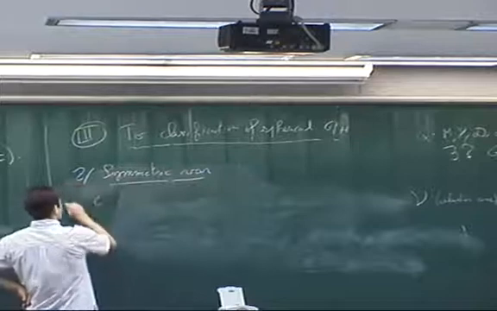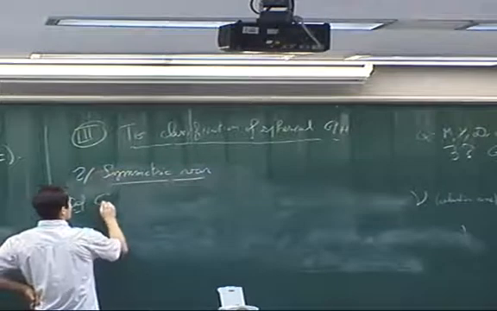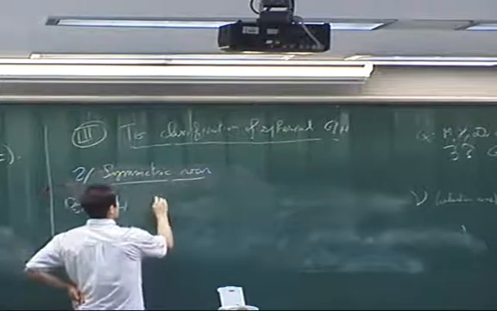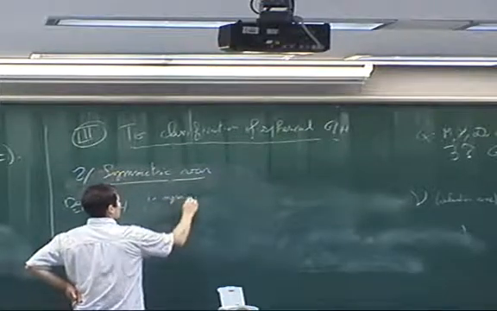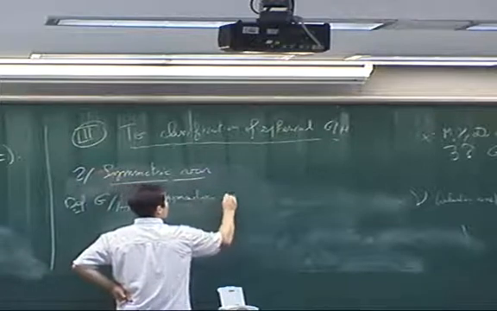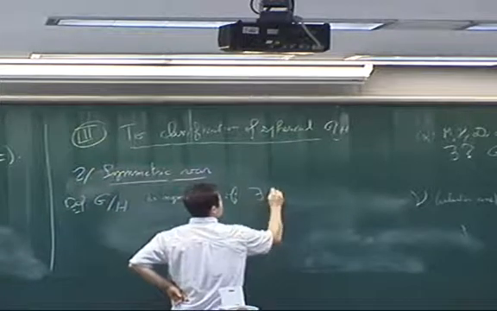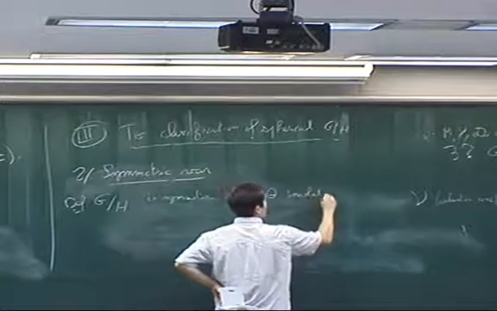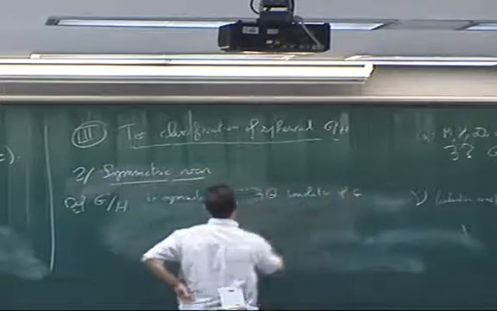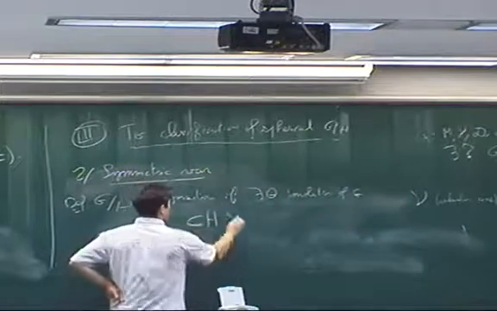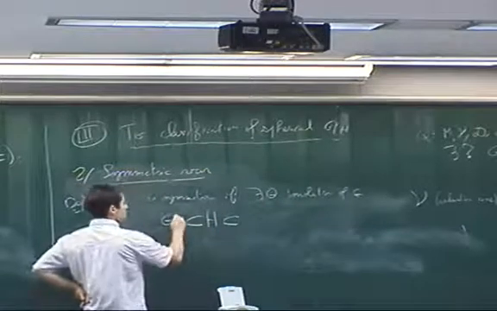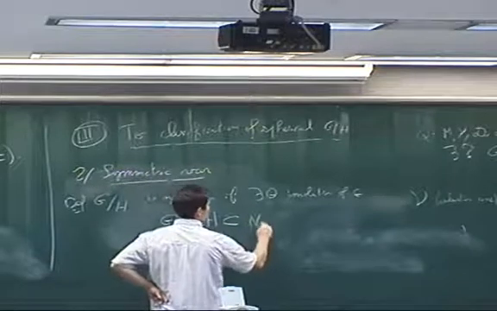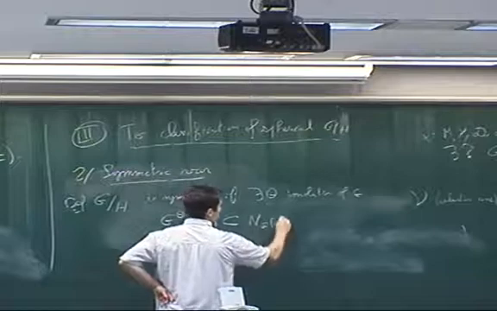So we say that G mod H, or a G mod H embedding, is symmetric if there is an involution theta of G such that H is contained between the fixed points of theta and the normalizer in G of the fixed points of theta.